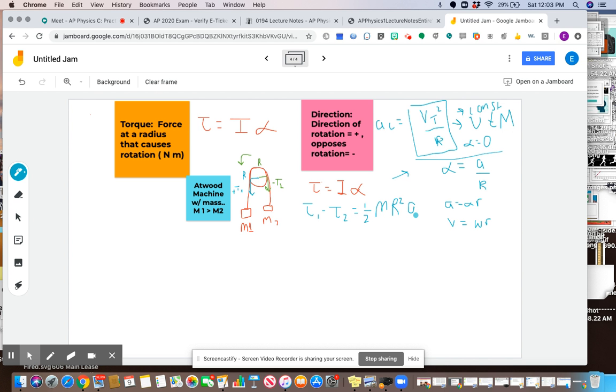So I'm going to plug in A over R for alpha. Okay, we can see here immediately that one of the R's will cancel.